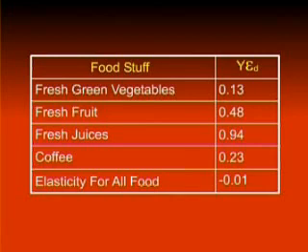That is, as your income increases, your expenditure on food decreases. So overall, food characterizes as an inferior good, although the elasticity is very, very low. It is minus 0.01, which means that a 1% increase in your income will cause just a minus 0.01% decrease in your expenditure on food.